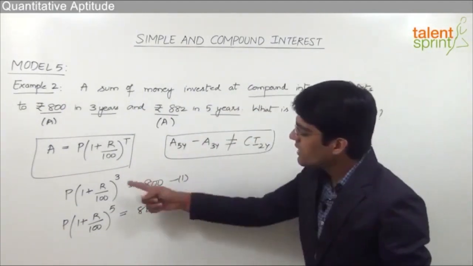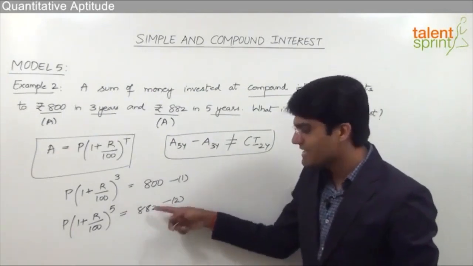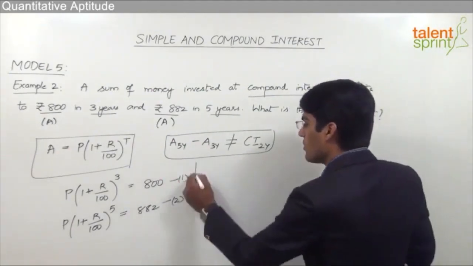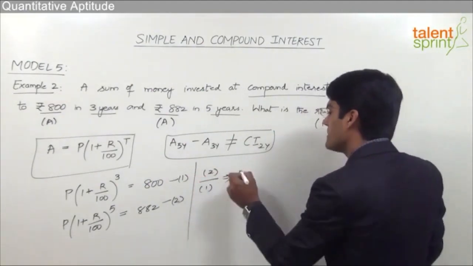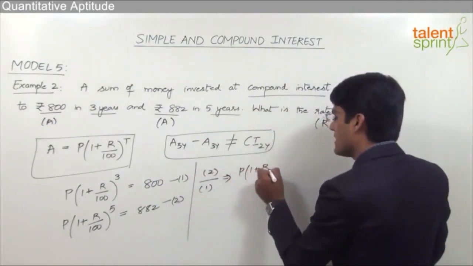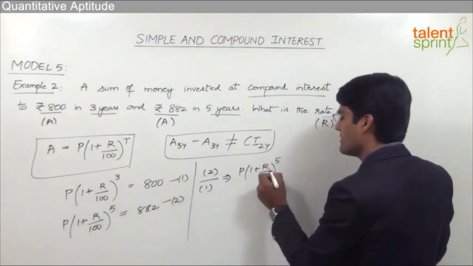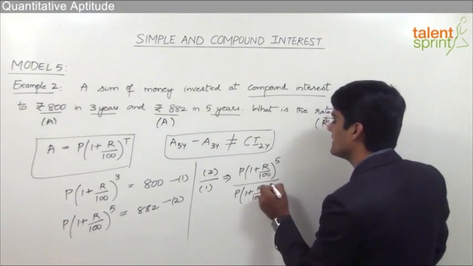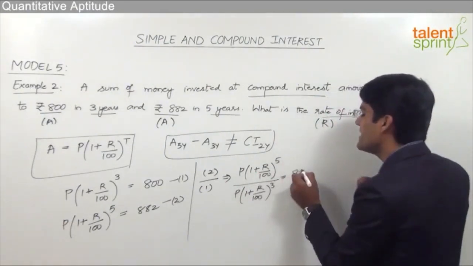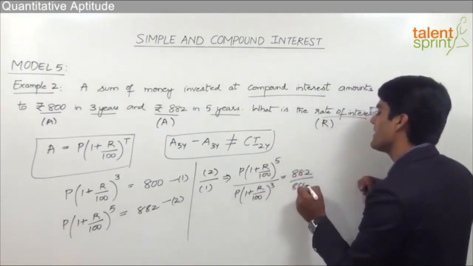Now in this case, to solve the two equations, we need to divide the second equation by the first one. So let us divide second equation by first one. We get principal into 1 plus R by 100 whole to the power of 5 divided by principal into 1 plus R by 100 whole to the power of 3 equals to 882 divided by 800.